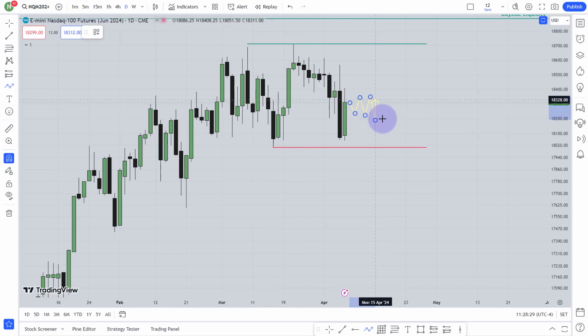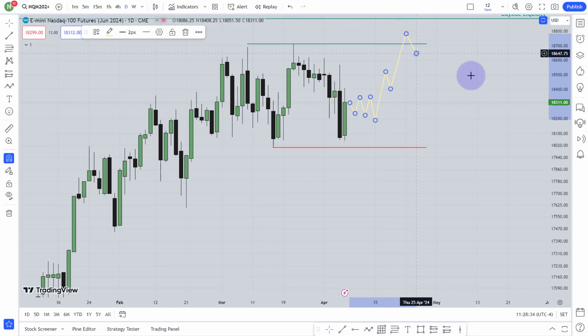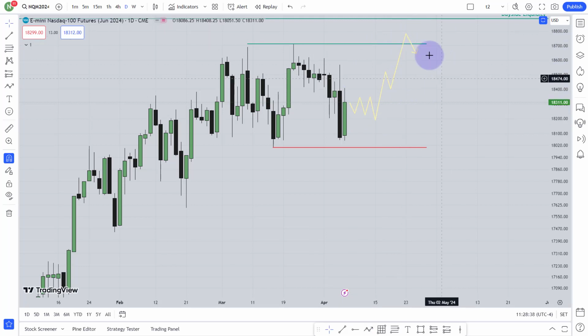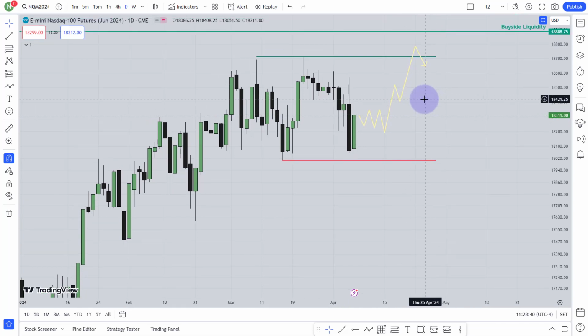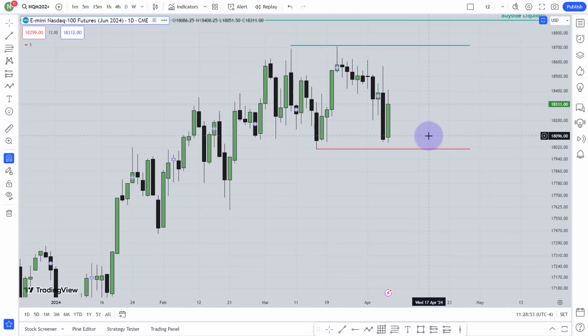Manipulation happened on Tuesday, then Wednesday expansion, Thursday continuation of the expansion, and Friday reset the price action. In short, this is my expectation, but we have to wait at least for Monday and Tuesday to be clear where it would exactly love to go.